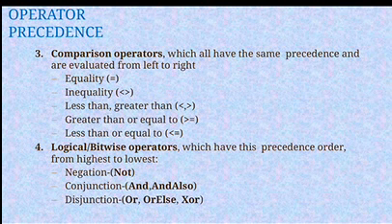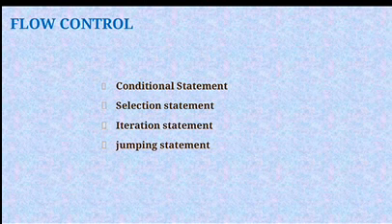Bitwise operators have this precedence order from highest to lowest: negation, conjunction, disjunction. Bitwise operators work on bits and perform bit by bit operation.